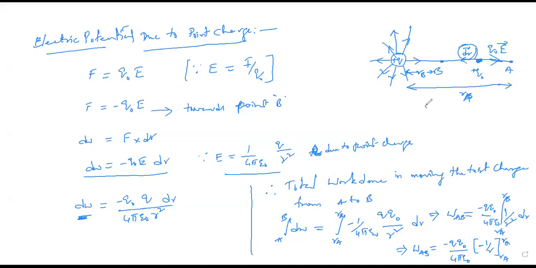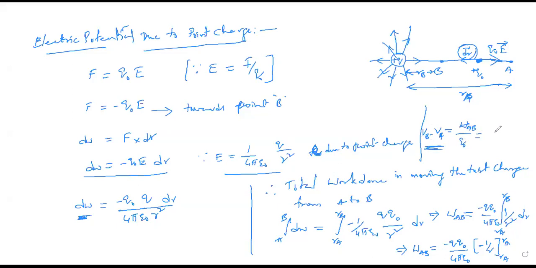Now the final expression. What is your final work done? That means the potential difference from point A to B, VB minus VA, should be written as WAB by Q naught, I'm taking with respect to the test charge. So the potential difference between 2 points will be written as work done per unit test charge.